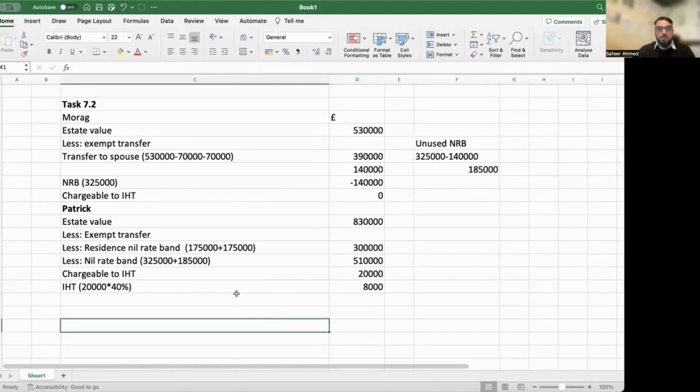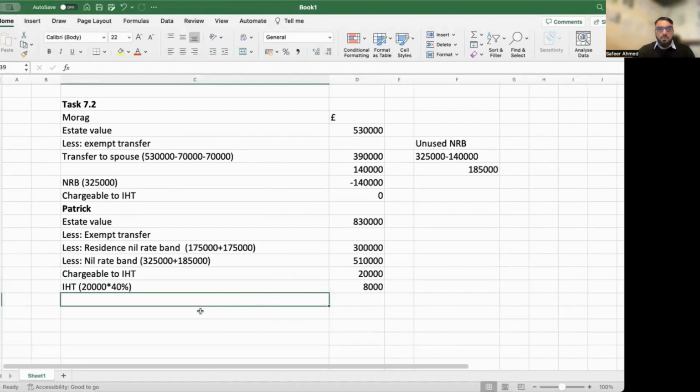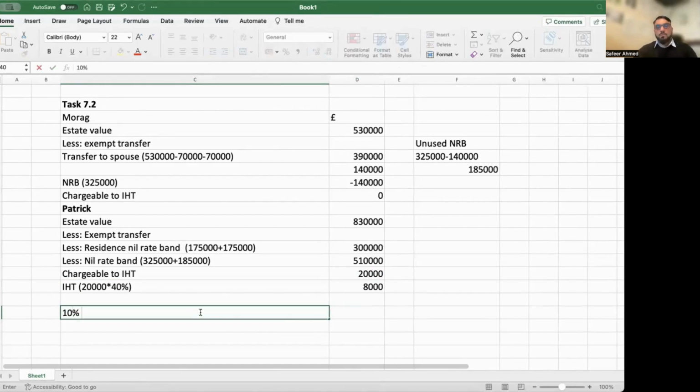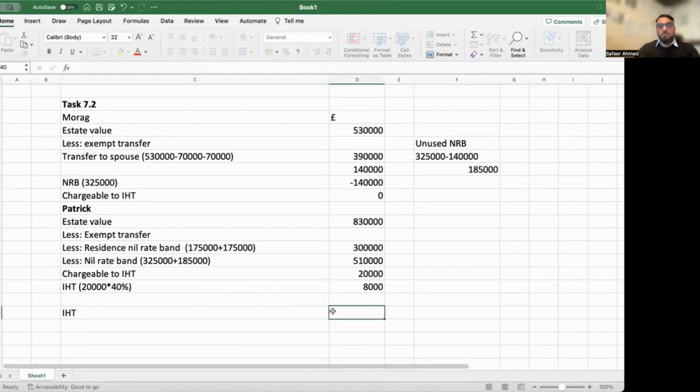Okay, one more point I want to explain to you here. If a person passes away and they transfer to charity more than 10% of the amount chargeable to inheritance tax, then the inheritance tax rate will be 36% and not 40%.